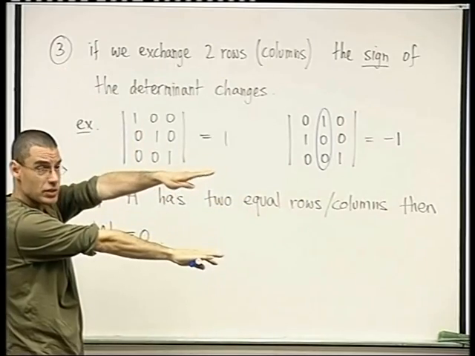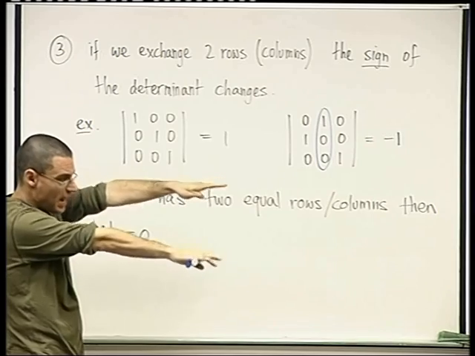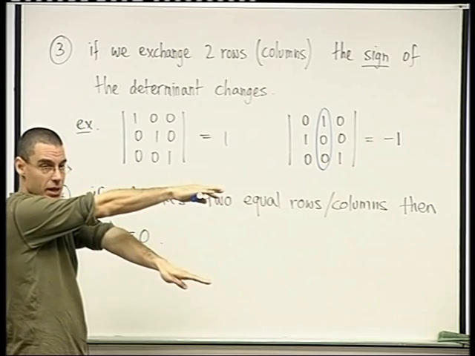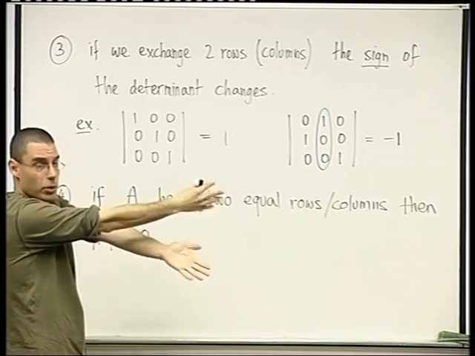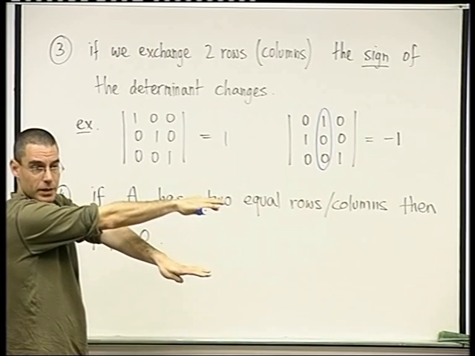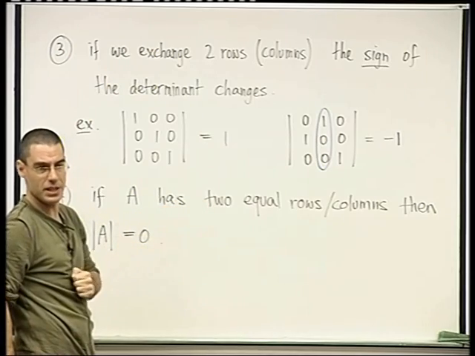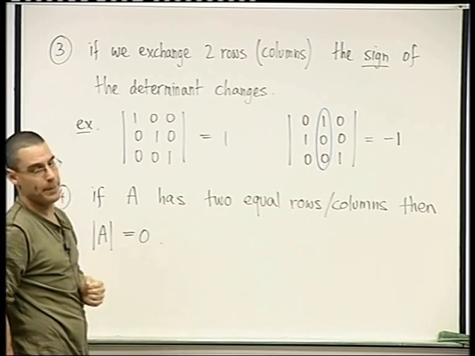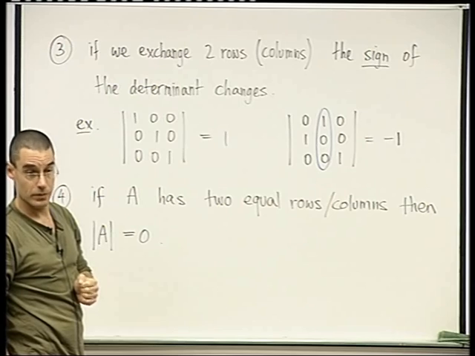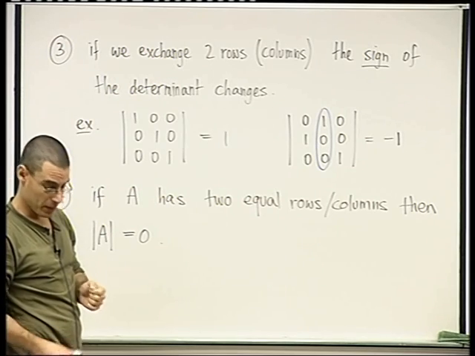So the determinant was S, now the determinant is minus S, but these were equal rows. It's the same matrix. So for the same matrix, the determinant is S and minus S simultaneously. That can only happen if S is 0. Do you agree?